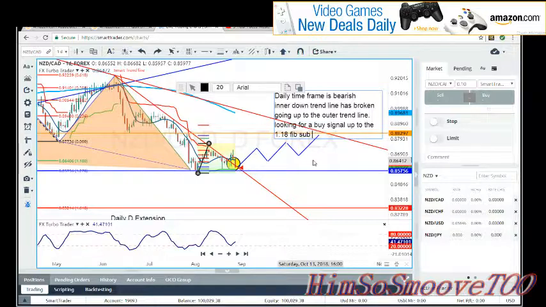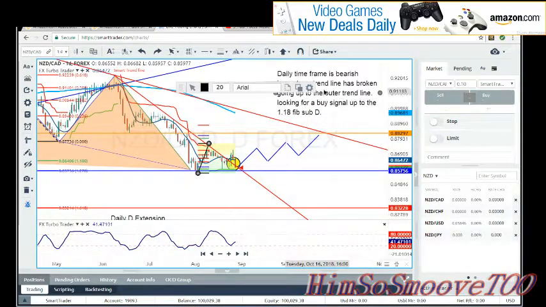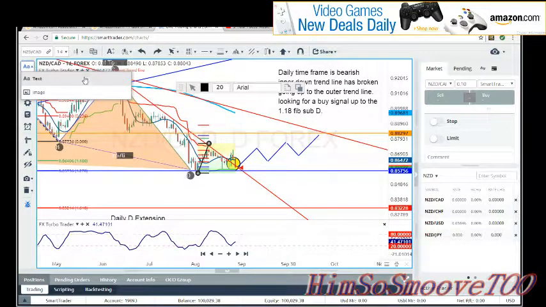For a buy signal up to the 118 fib sub D. I'll just leave it at that. It's all good. It happens. Okay. So we're gonna look to buy this up to this 118. Then that's as a scalp trade.